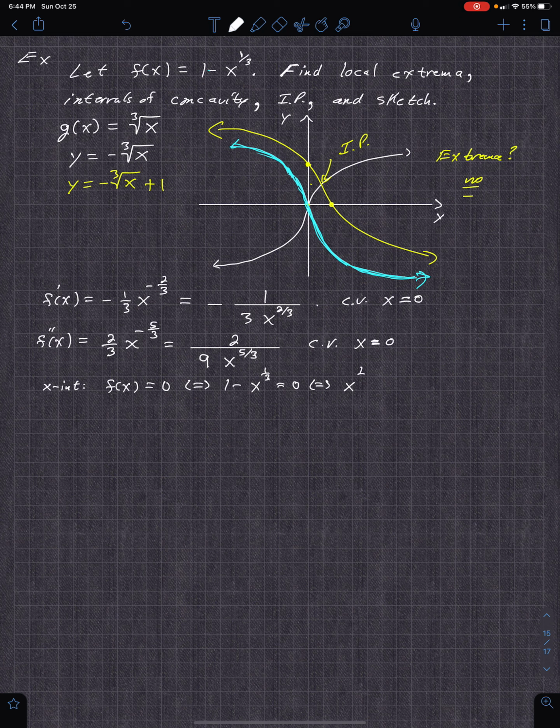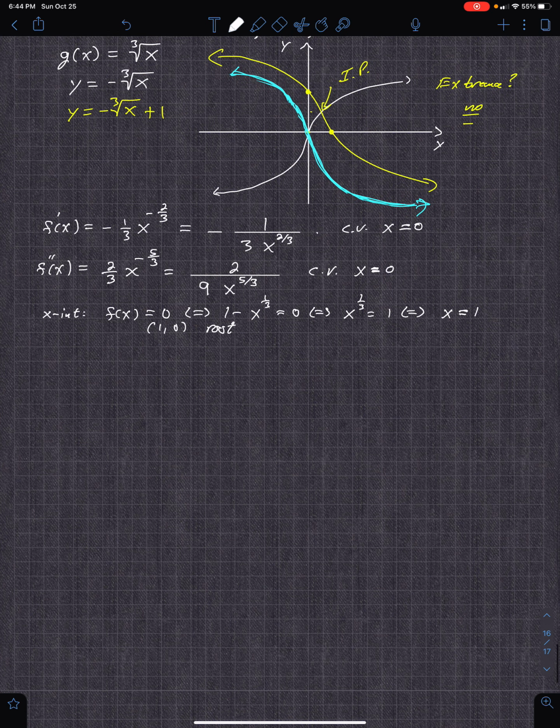So x to the 1/3 is equal to 1, and so x equals 1. So 1 is a root. So (1, 0) is the root or x-intercept. Okay, and then y-intercept.